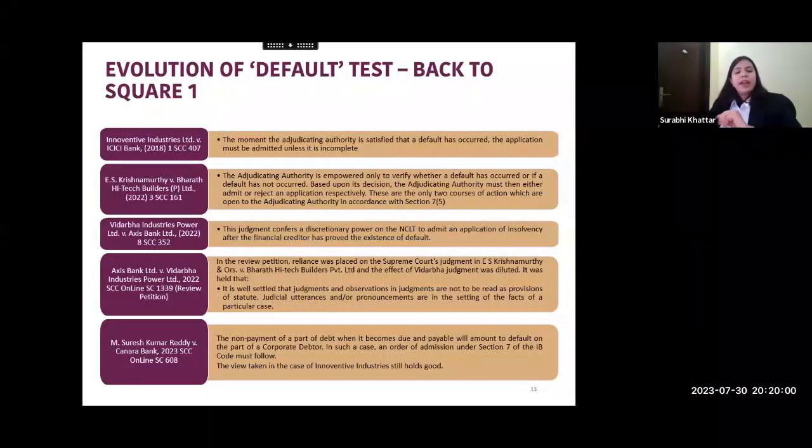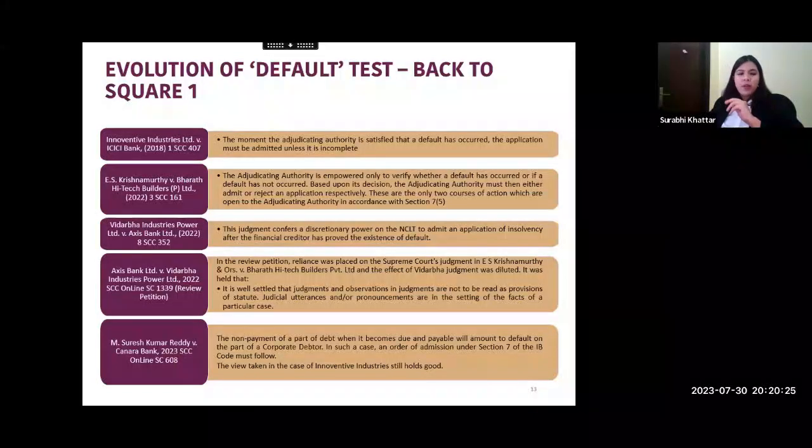They again went back and relied upon the Bharat Hi-Tech judgment and said debt and default needs to be established. In fact, thereafter in another case, Suresh Kumar Reddy, the Supreme Court once again said that the findings in the Vidarbha case are meant for that case only, and the only thing that NCLT has to see in a Section 7 application is whether there is debt and whether there is default.